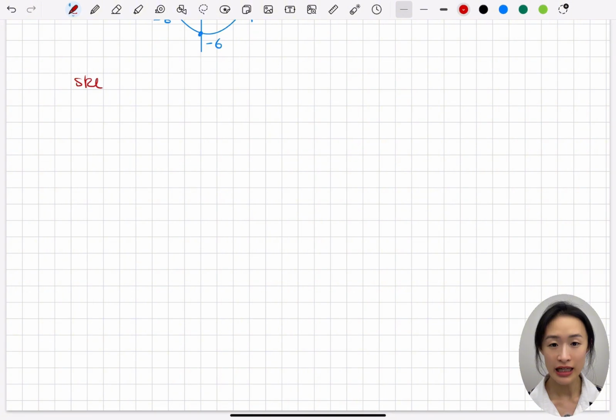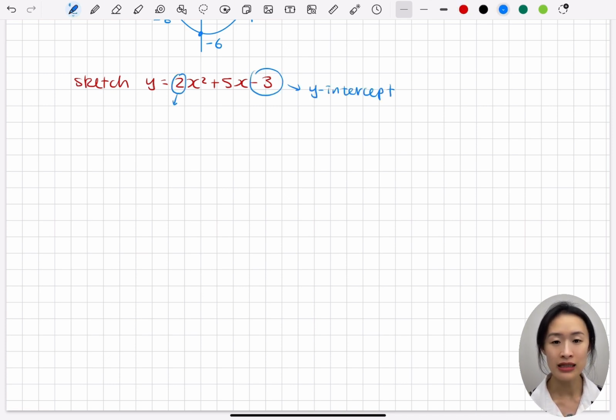Now let's look at the second example: y equals 2x squared plus 5x take away 3. This time, let's look at the coefficient of x squared. The a value equals 2, and it is a positive value, so it's going to be a happy curve. The y-intercept is going to be negative 3. To find the x-intercepts, we need to solve the equation when y equals 0.